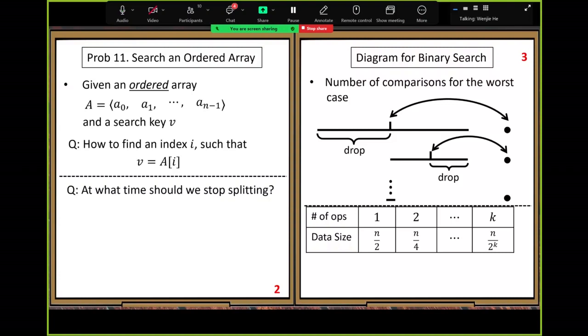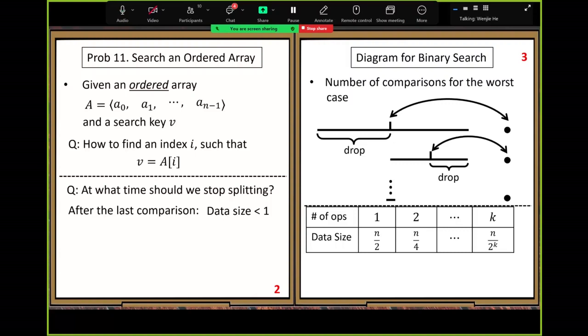We use this observation to characterize our final split. So let's look at the mathematical expression for the final split. After the last comparison, the data size should be strictly less than 1. Think about that.